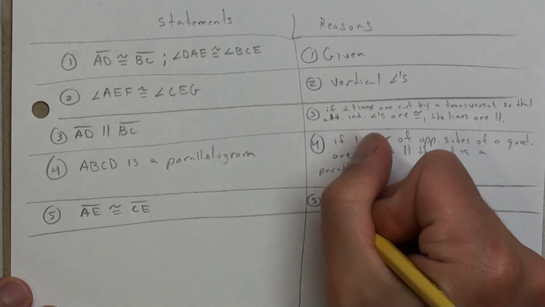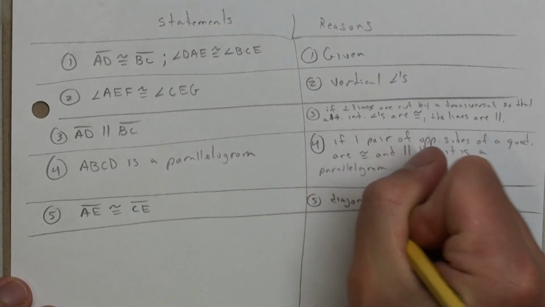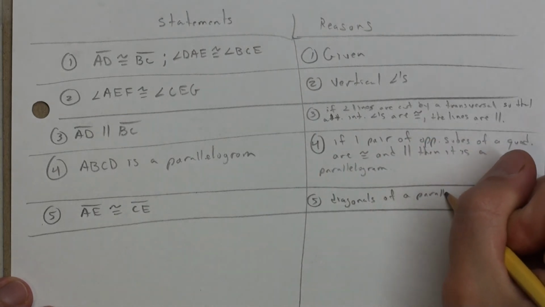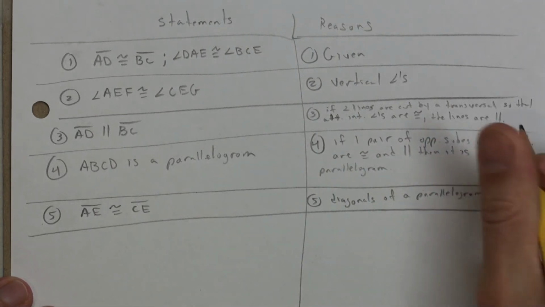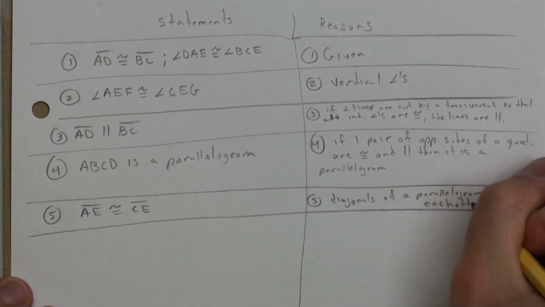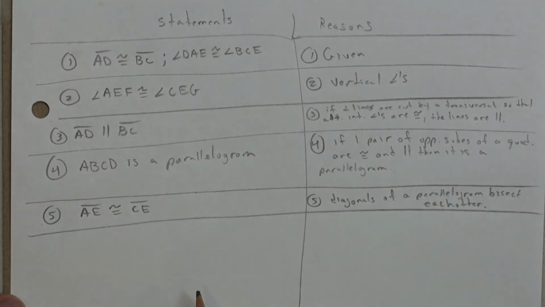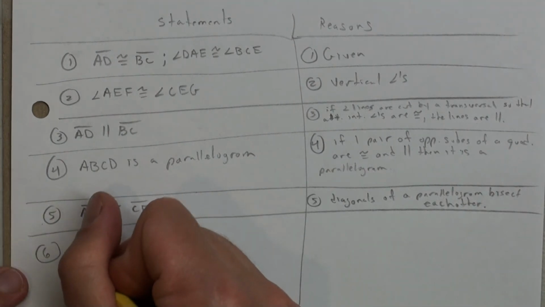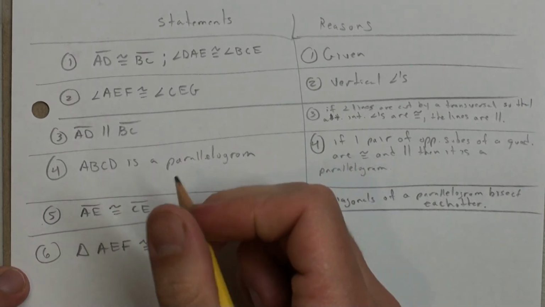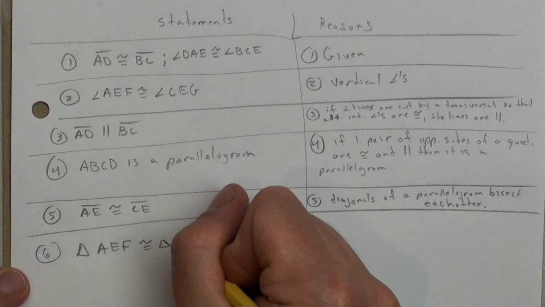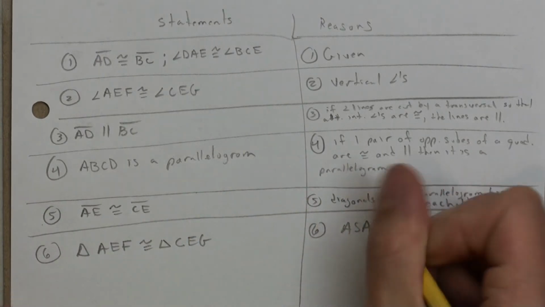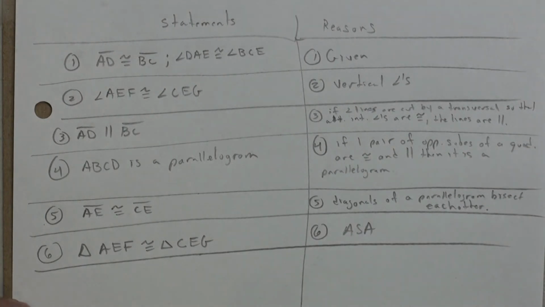And that's because diagonals of a parallelogram bisect each other. Now I can say triangle AEF is congruent to triangle CEG because of angle side angle.